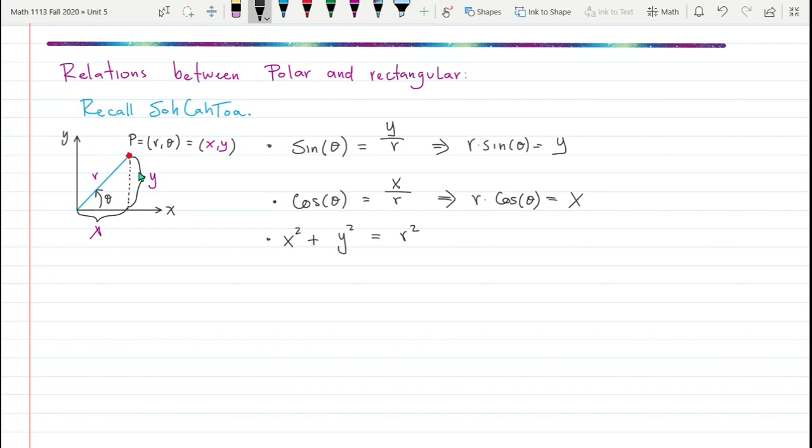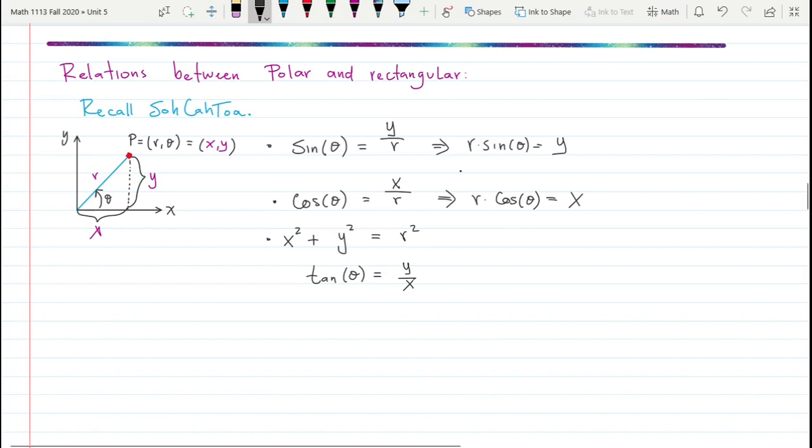And lastly we want to talk about the definition of theta with respect to tangent. So tangent of theta is equal to y over x. Those are some of the relations that we want to talk about.